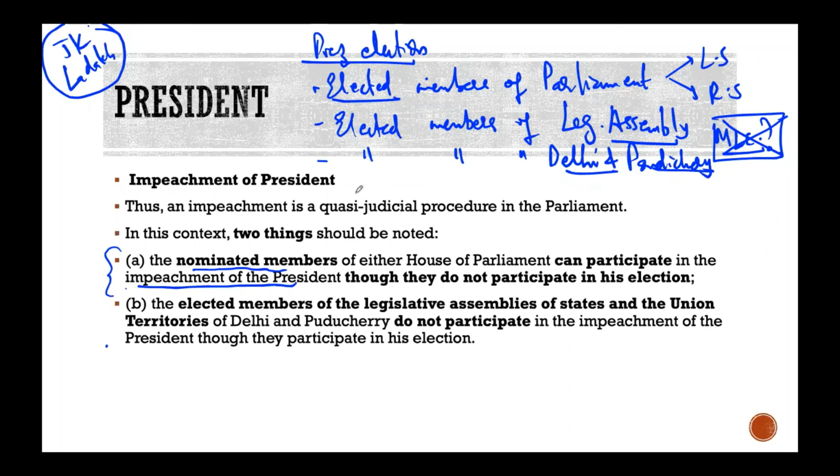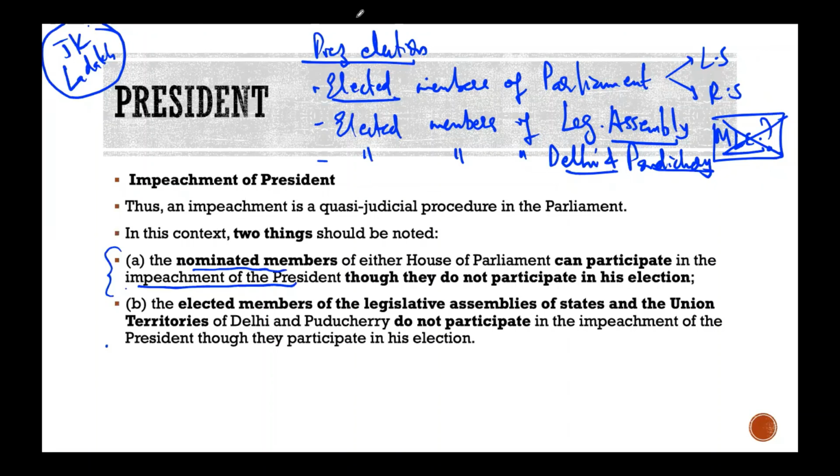So the nominated members of both the houses of parliament, the nominated members of the state legislative assemblies, and the members, both elected and nominated, of the legislative councils, as in your MLCs, and the nominated members of the assemblies of Delhi and Puducherry do not participate in election. So what is the takeaway here?